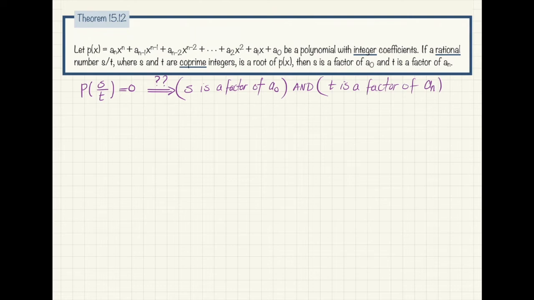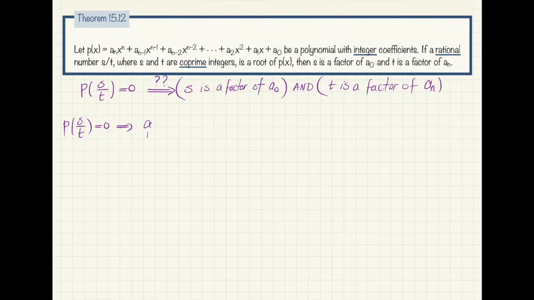Okay, so let us start from here. P of s over t is equal to 0. So what does it mean? It means that if I replace these x's in my polynomial with this number, the answer is supposed to be equal to 0. So let us write it down.